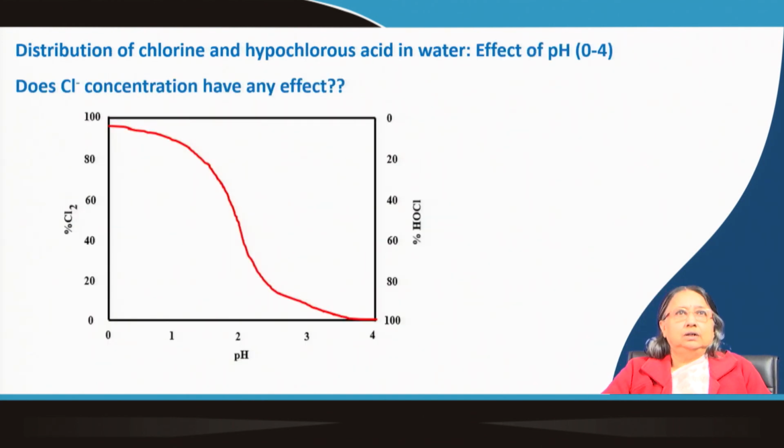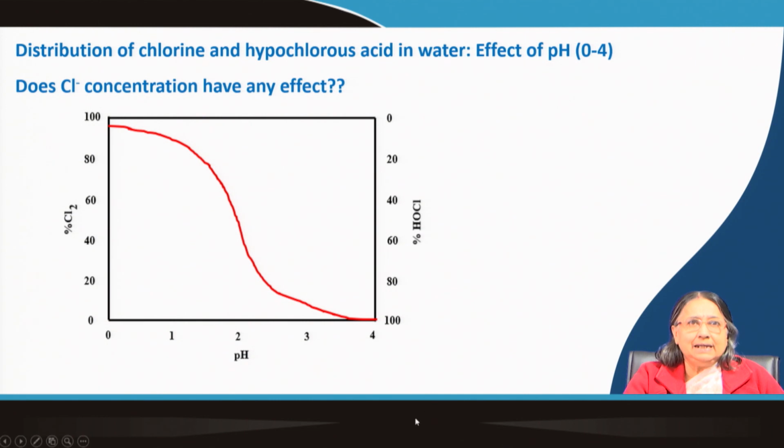Anyway, so here distribution of chlorine and hypochlorous acid, if you consider the first reaction, then you can see the pH range, that is why it is selected 0 to 4, and you can see the curve here, percentage of chlorine. So, here 0 and here 100. So, 0% 100%, okay, and the percentage of HOCl it is in opposite direction, 0% and this is 100%.